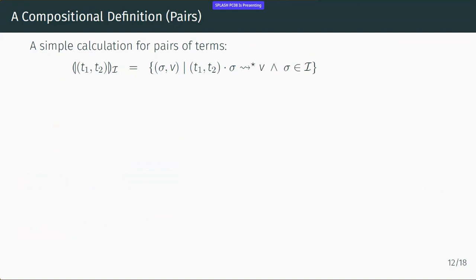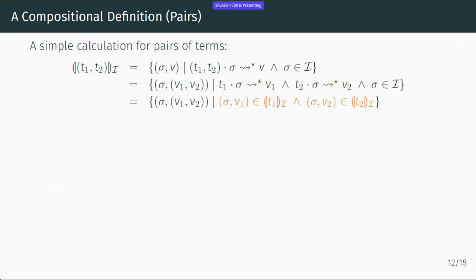The definition is the pair of inputs, outputs, sigma V, such that if I give the inputs to my program pair T1, T2, I obtain the value V. By reasoning a bit, it means that V is necessarily a pair of values, V1, V2, and that T1 reduces to V1 and T2 reduces to V2. And then I recognize the semantics of T1 and the semantics of T2. So I have shown that the semantics of the pair T1, T2 depends on the semantics of T1 and T2.